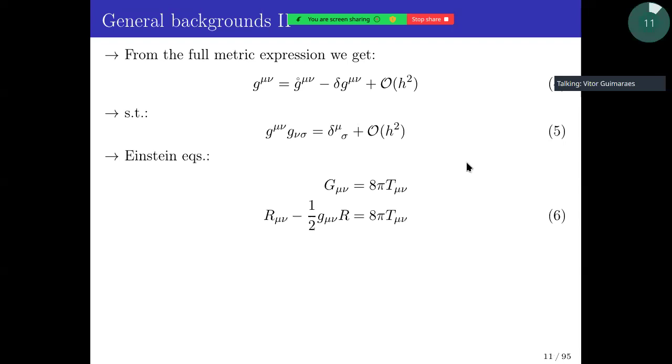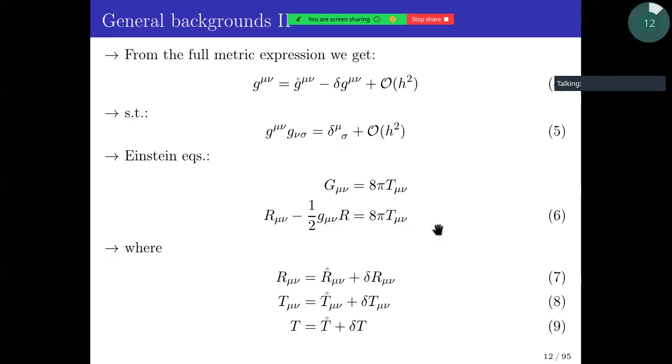So these are the Einstein equations, right? G mu nu equals 8 pi T mu nu, where G mu nu can be defined as such, which depends on the Ricci tensor, the Ricci scalar, and the metric. You can always decompose these tensors such that the Ricci tensor will be the background Ricci tensor plus a small perturbation.